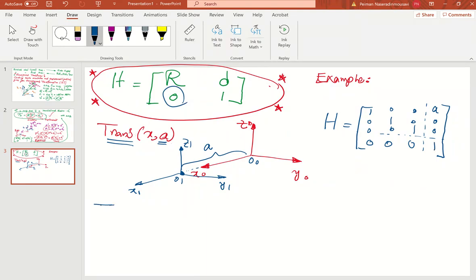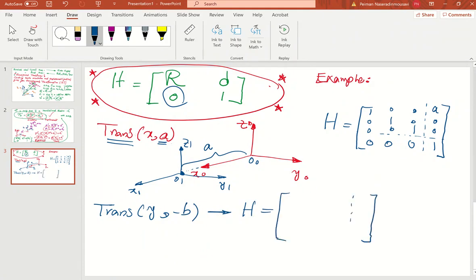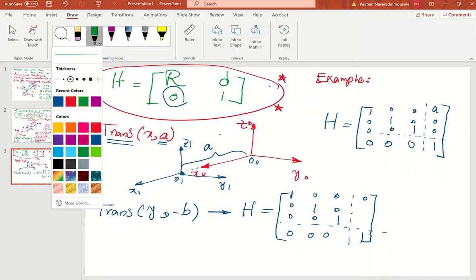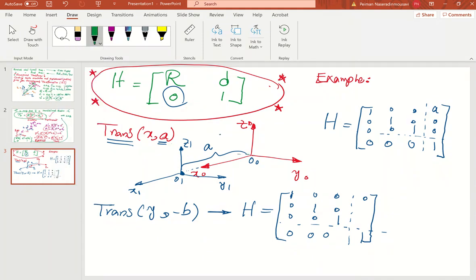If I say another example, translational motion of y and minus b, you can simply write H is, again, 0, 0, 0, 1. So there is no rotation. Again, 1, 0, 0, 0, 1, 0, 0, 0, 1, because there is no rotation. Only you have the origin of y1, means this. Let me change the color. So we came here.